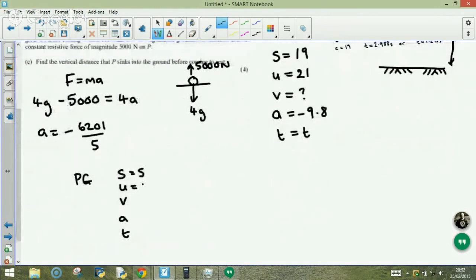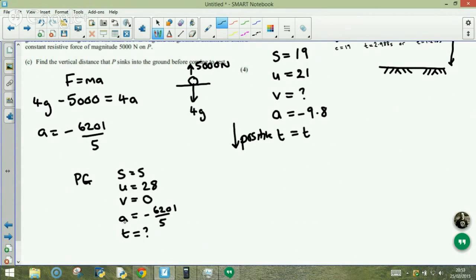So we've got 28 down. You'll notice we seem to be taking down as positive now, and that's down to how I set up my equation here. I did 4G as positive, so that's down. The final velocity, well, I want it to come to rest, so that should be 0. And our acceleration is that. And we're not too concerned about the time.